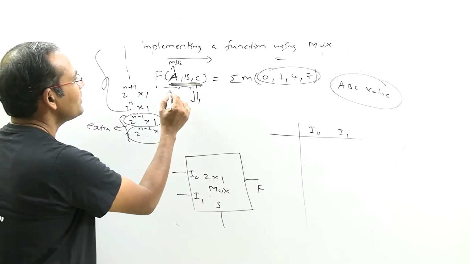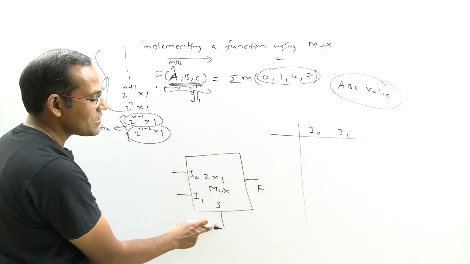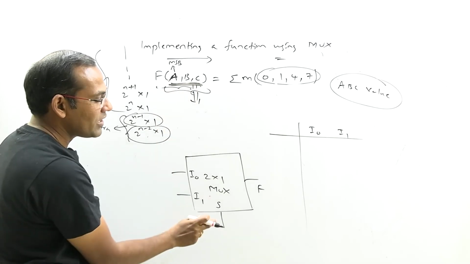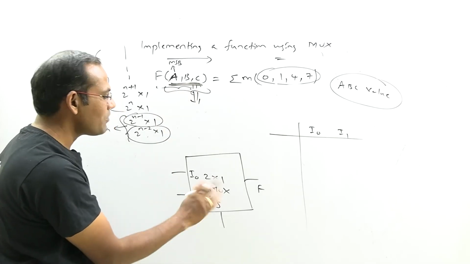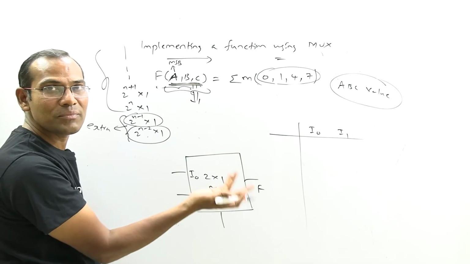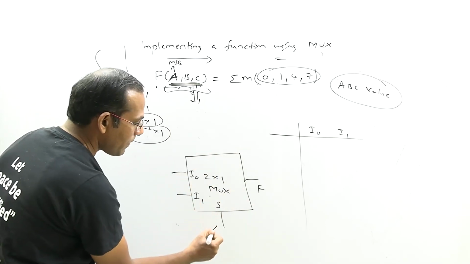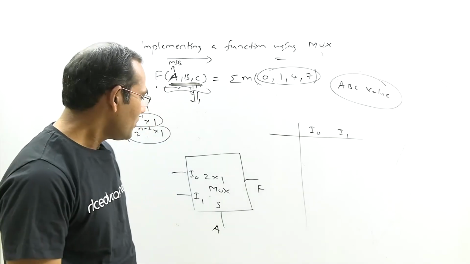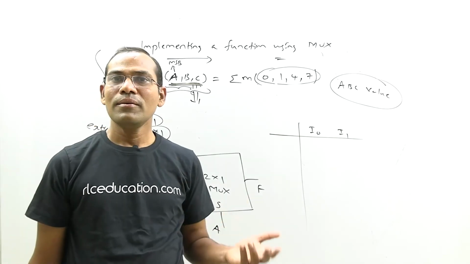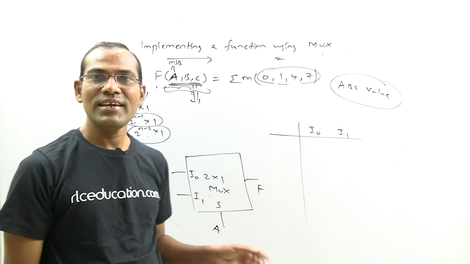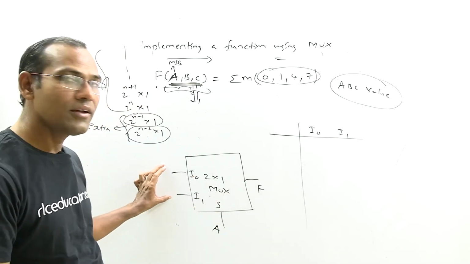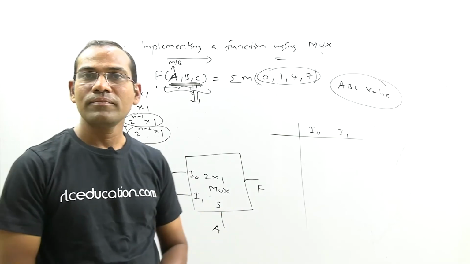Here 3 variables are there, but only one selection. So out of these 3, one will be connected here. It doesn't matter, we can choose A, B or C. Here I am choosing A. So the remaining variables are BC, and they are connected to I0 and I1.